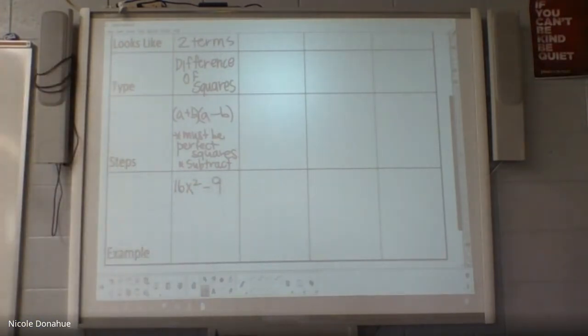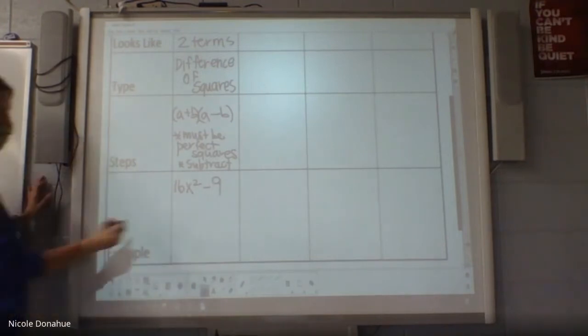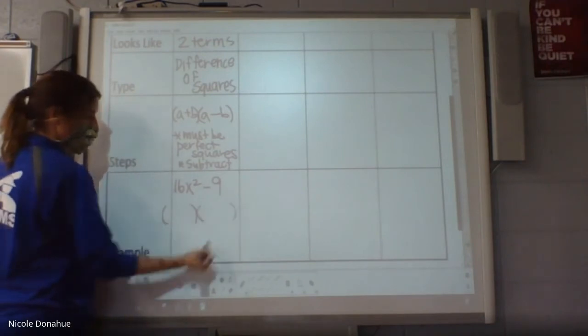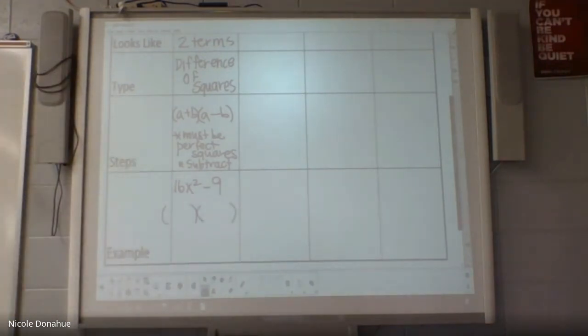So 16x squared minus 9. This is an example of perfect squares.